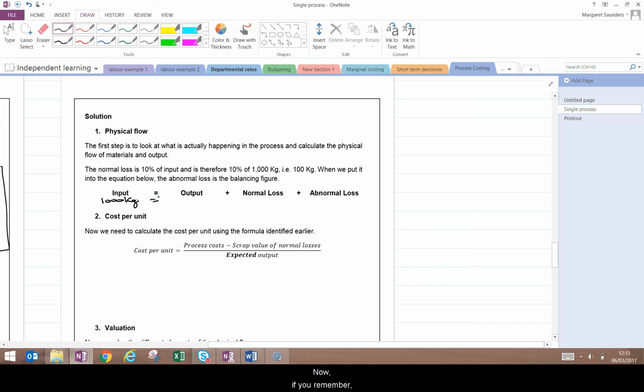Now, if you remember, I said the next thing that you should record in your physical flow is the normal loss. So that is the expected loss, which we were told was 10% of our input. So we can put that in. 10% of 1,000 is 100. We were also told what our output was. It was 880 kilos.